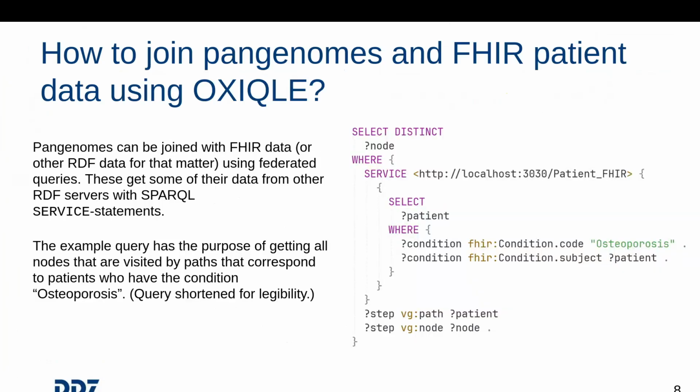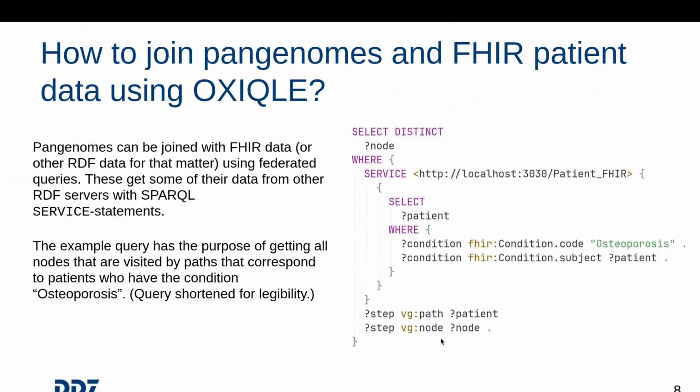How can the user then join this pangenome representation with patient data? For this, the user can use federated queries, which get some part of their data using a service statement from a FHIR store. Like in this query, we ask the FHIR data store at this address for some patient-related data and combine this with some pangenome-related data.